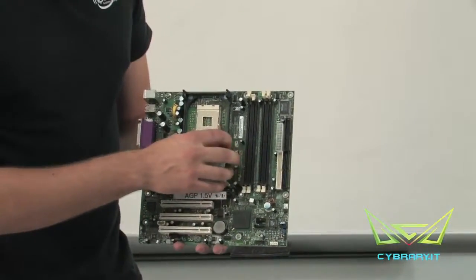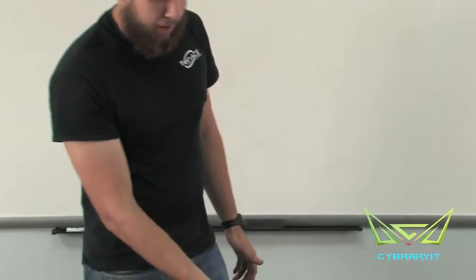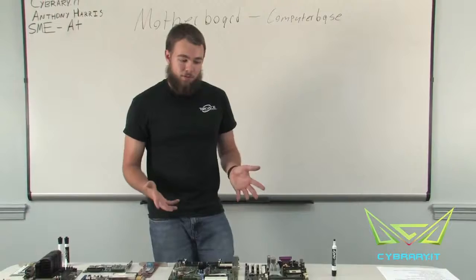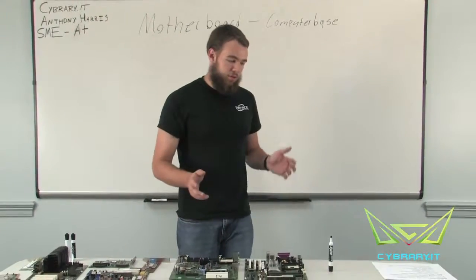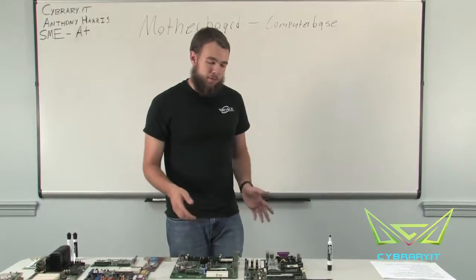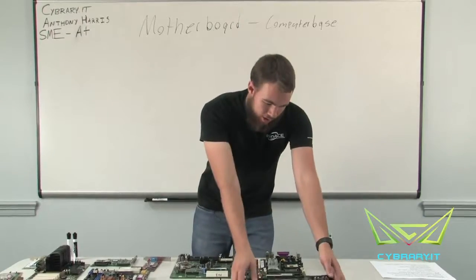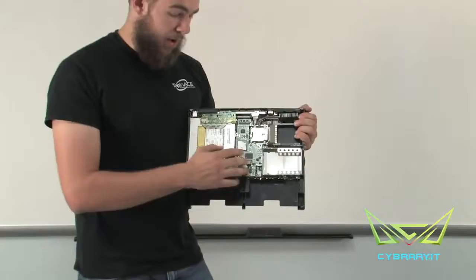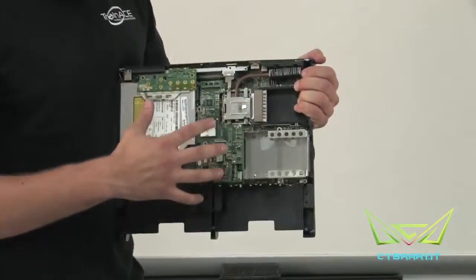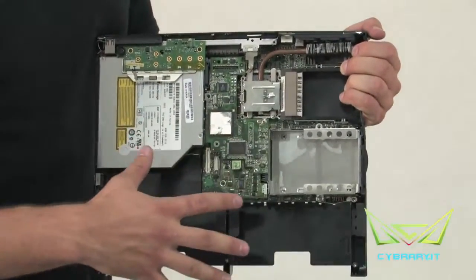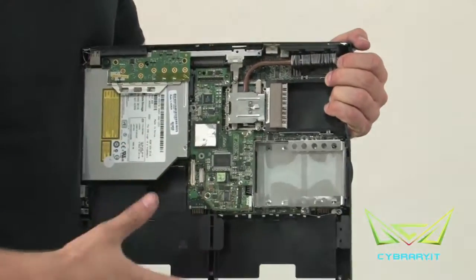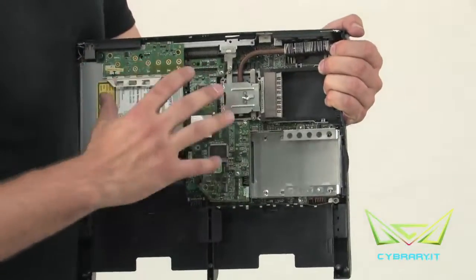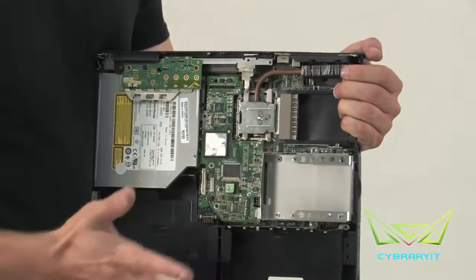Generally, when we're talking about form factors, we're only talking about motherboards that go in a desktop computer or, say, a server. We usually don't try to memorize all of the different form factors for laptop computers, because laptop motherboards are built very specifically for the exact make and model laptop that they're in. Because laptops are designed to be small and very mobile, the motherboard has to work around everything else.